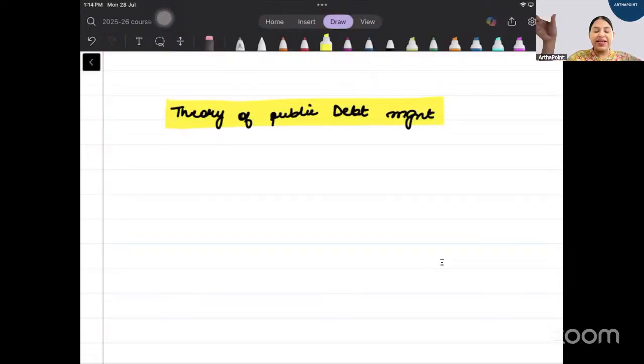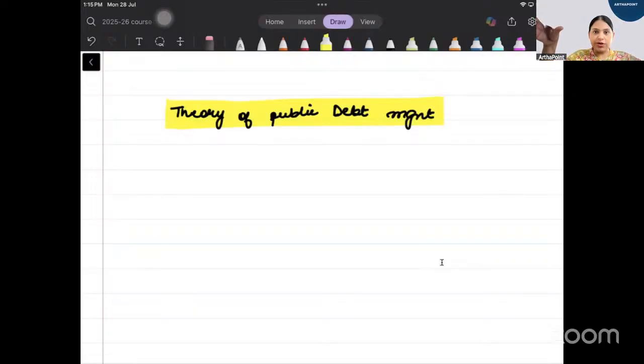Whenever we pay interest on the debt, it is said that this is an unproductive spending of the government, because there is no GDP addition when you spend money on interest payment, right?